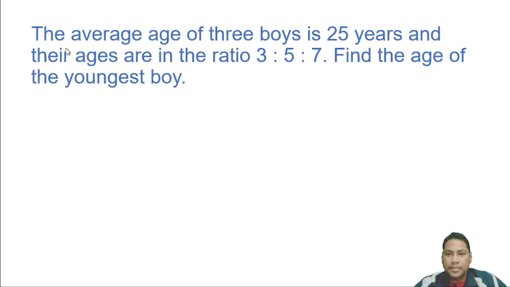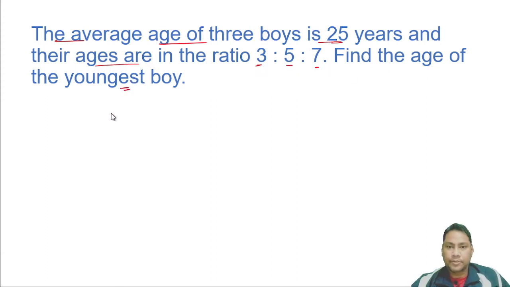In this question they have asked: the average age of 3 boys is 25 years and their ages are in the ratio 3:5:7. Find the age of the youngest boy. So in the question they have given the ratio 3:5:7.